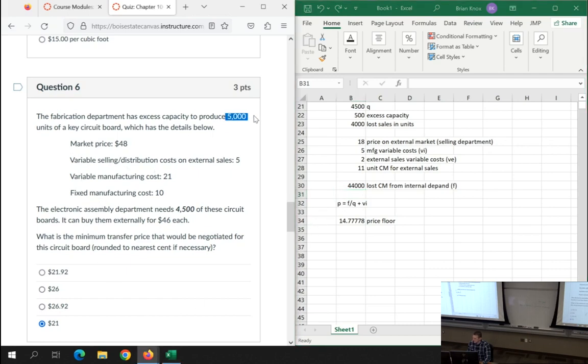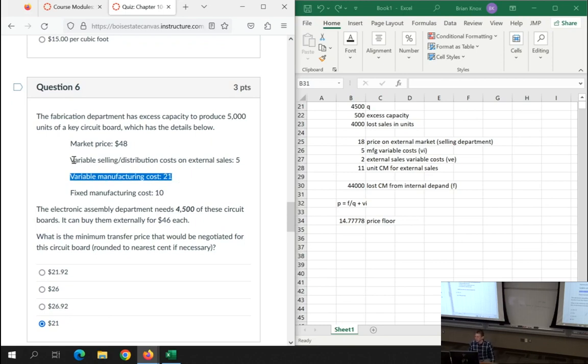F is going to be 0 because we have more than enough excess capacity to fill the entire electronic assembly department needs, and then some. So there is no fixed cost. F is 0, so 0 over Q, whatever Q is, 4,500, is going to be 0. 0 plus VI. So it's just the VI, which is this right here.